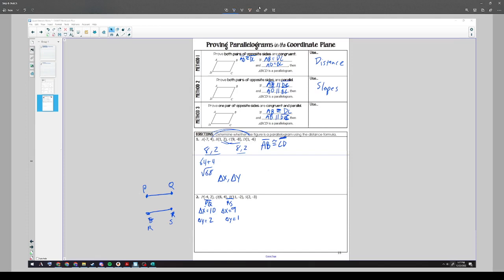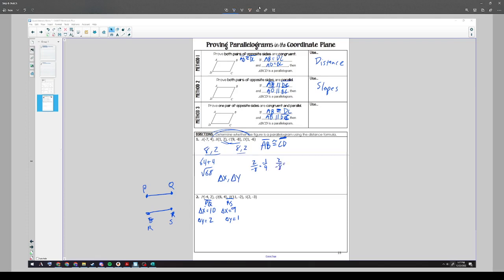So our slope of AB is 4 minus 2 over -7 minus 1. So that's 2 over -8, which is -1/4. That's our slope of AB. Our slope of CD is -6 minus -8, that's 2, over 1 minus 9, that's -8.